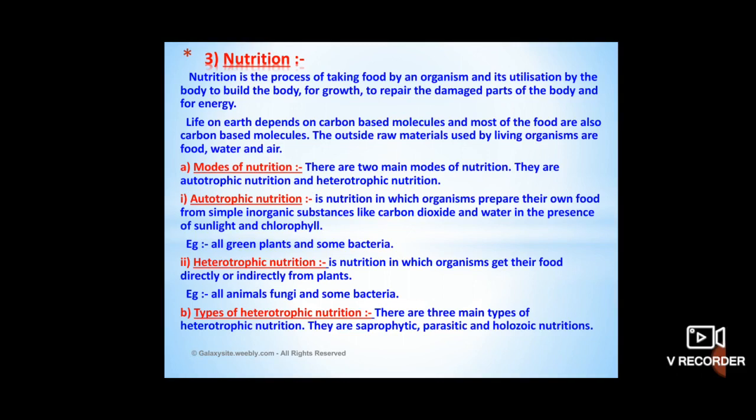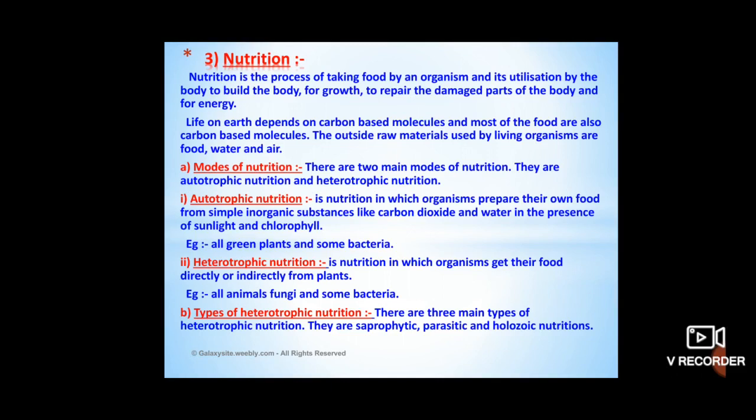So what are the inorganic substances that plants utilize at the time of photosynthesis? That is carbon dioxide, water, sunlight and other minerals absorbed by the roots, and they prepare their own food. This phenomenon we call autotrophic nutrition.